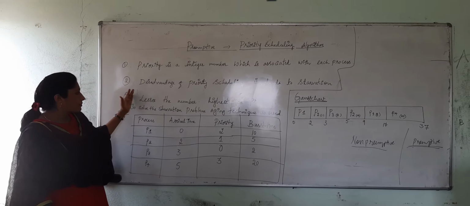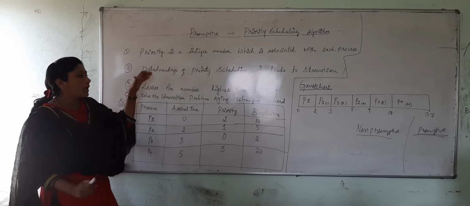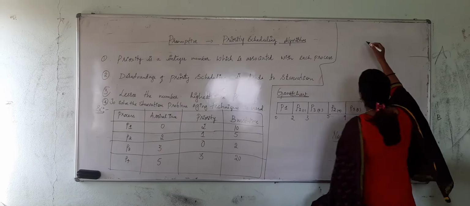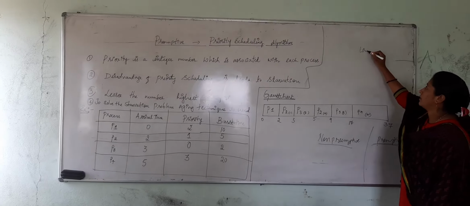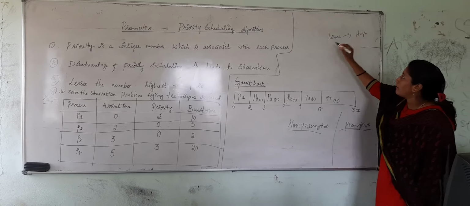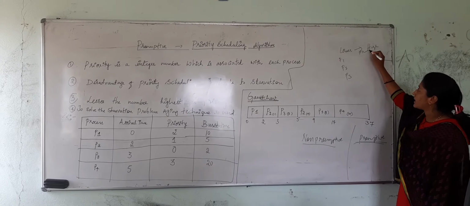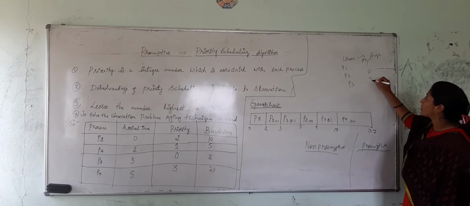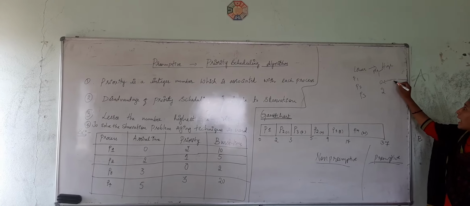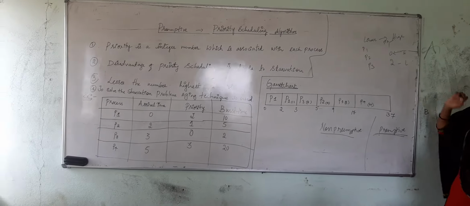And another important point is how the priority is considered. Normally, lower the number, highest the priority. It means that if there are some processes P1, P2, P3 and the priority is set like 0, 1, 2, then lower the number means 0 will be the highest priority and the highest number will be the lowest priority.